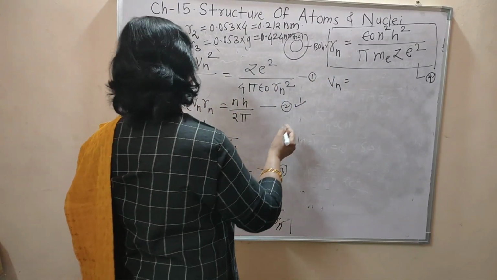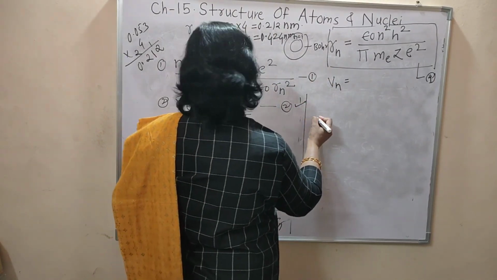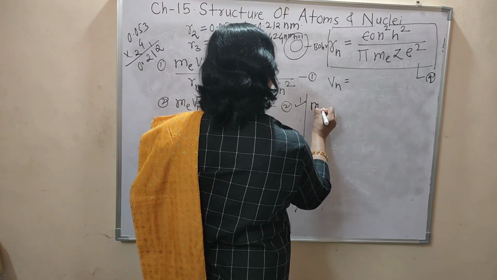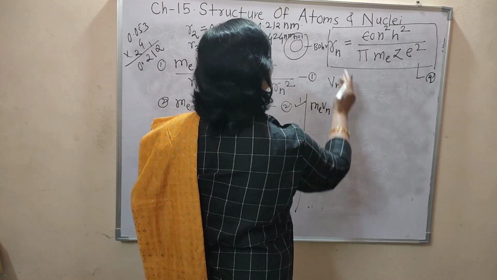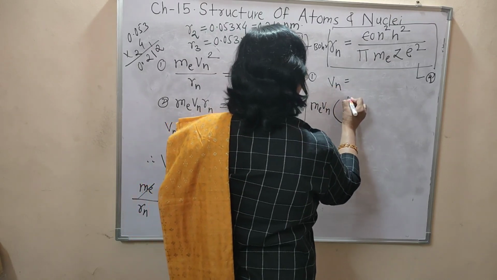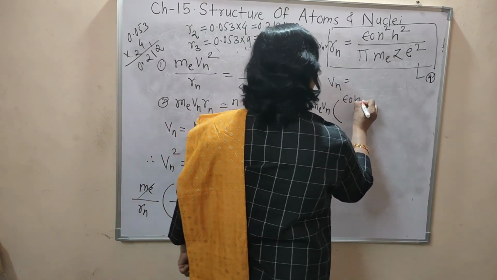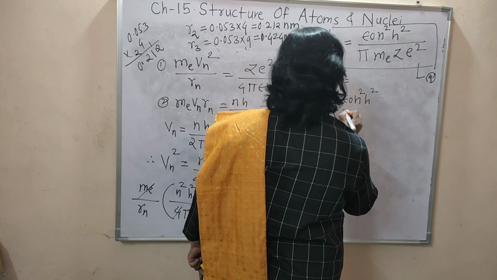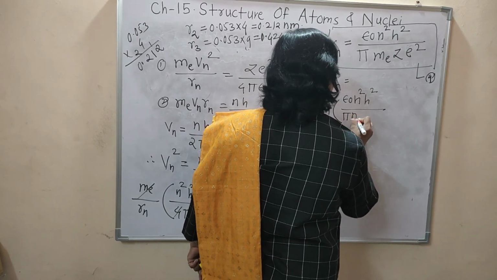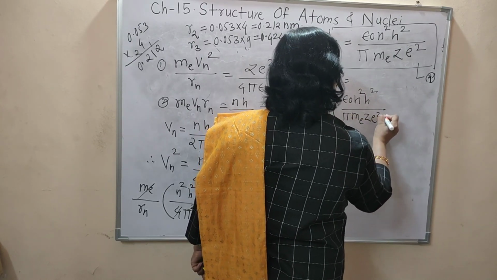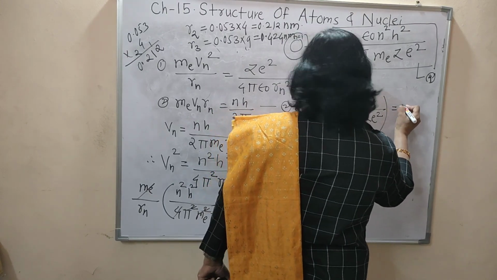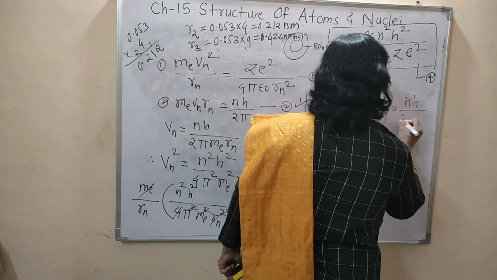We can then write me Vn and the value of Rn, that is epsilon naught n square h square divided by pi me Ze square, equal to nh by 2 pi.